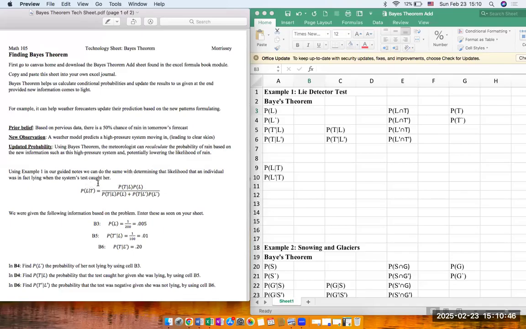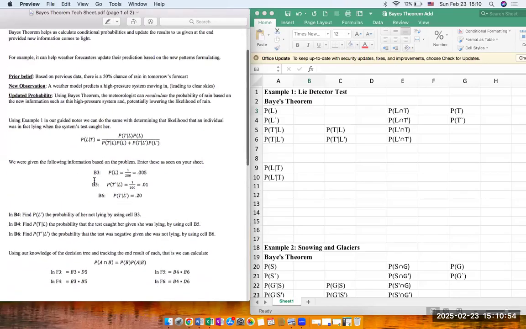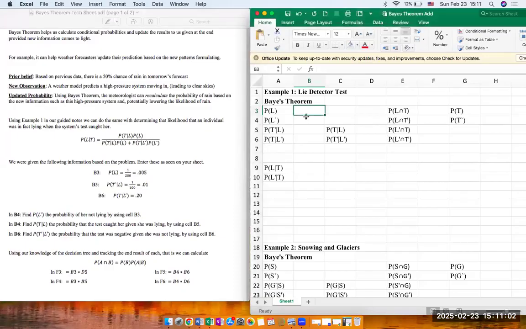It says, using example one in your guided notes, we can do the same with determining the likelihood that an individual was in fact lying when the system's test caught her. We were given information on the following, and we already figured these two out given our guided notes. So here in B3, we can type in equals 1 over 200, or we can type in 0.005.